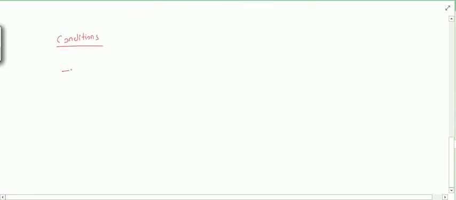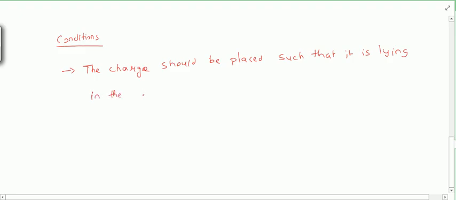The first condition is that the charge should be placed such that it is lying in the region or area of the conducting surface.